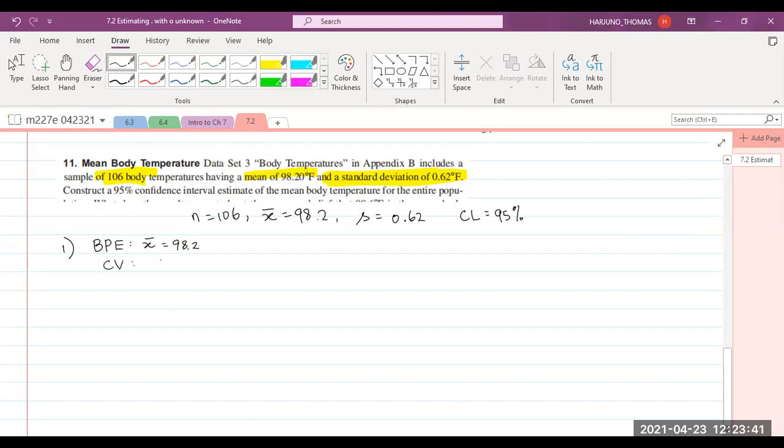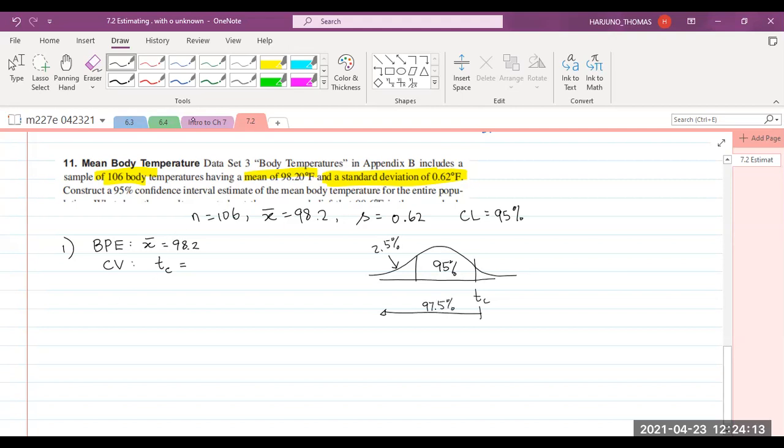Critical value: because we don't have the population standard deviation, we have the sample standard deviation, then we use the T critical value. 95% in the middle, that's the confidence level, right? So the remaining 5% is shared by the two tails, such that the area to the left of that T critical will be 97.5%.